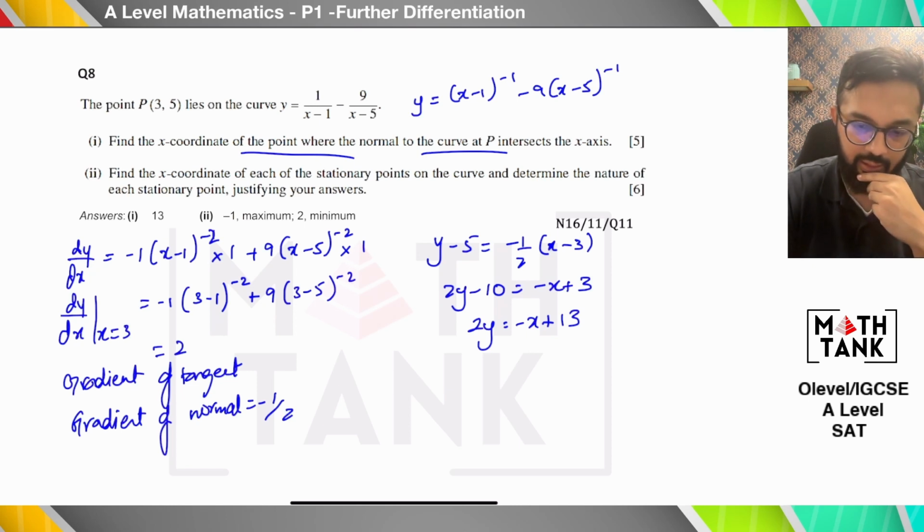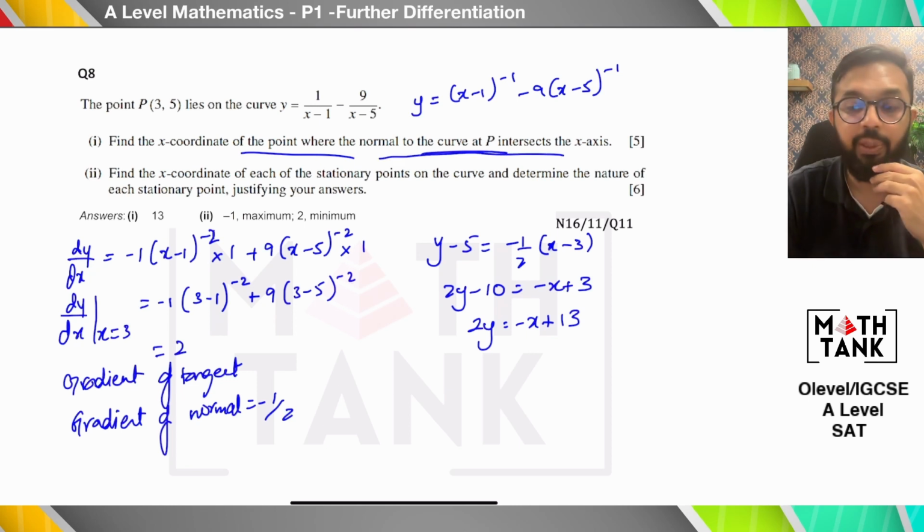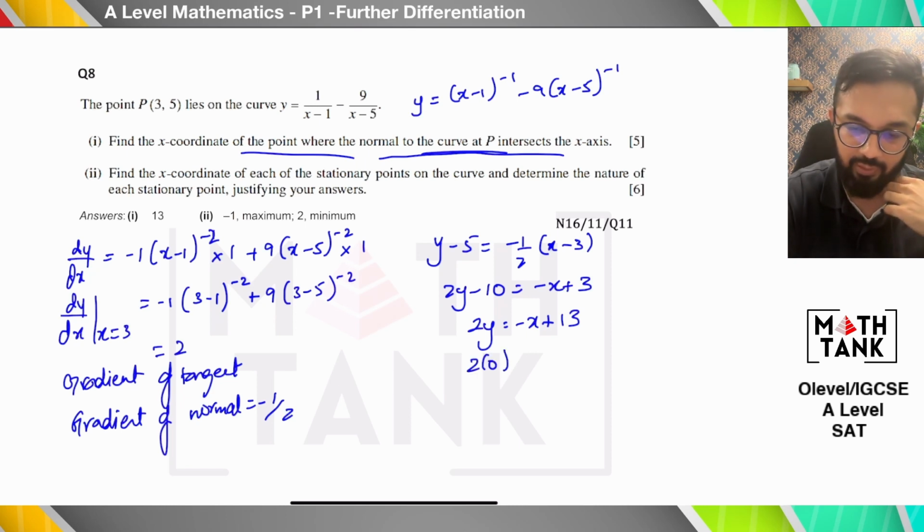Okay, where the normal to the curve at P intersects the x-axis. Now for intersects the x-axis I have y equals 0. I'm just wondering if there's a mistake in the signs. Looks fine to me so far.